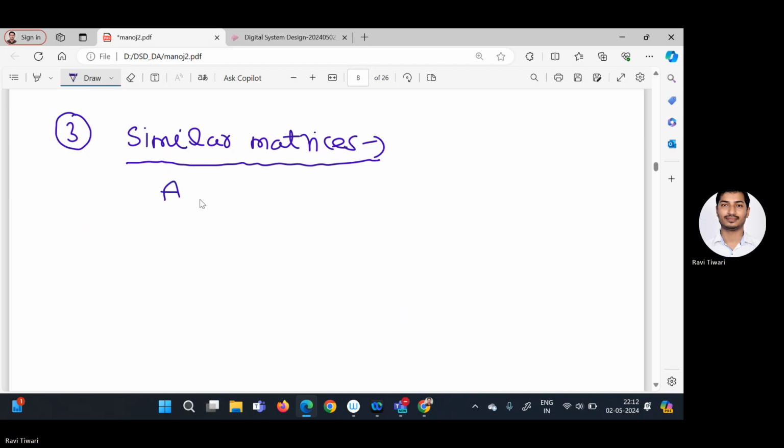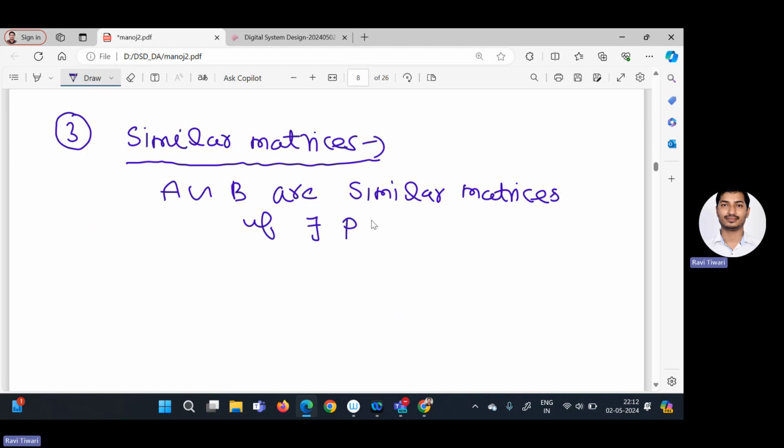A and B are said to be similar matrices, and this is the notation of similar matrices, if there exists a matrix P, and P is non-singular, such that B equals P inverse into A into P. So this is the definition of similar matrices.